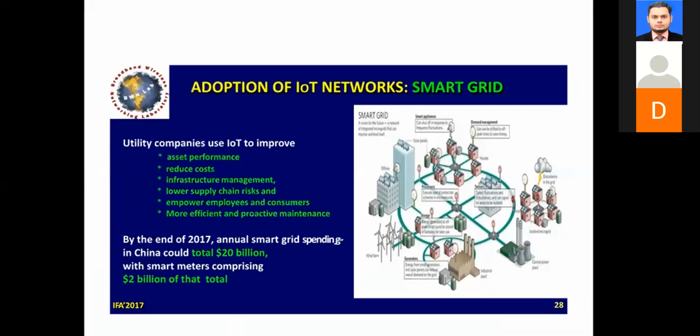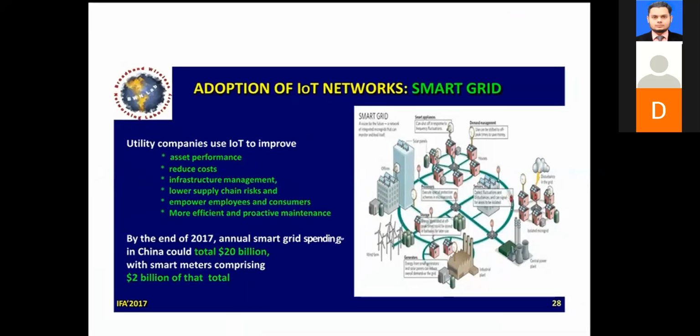This was the old data of 2017 in which China's smart grid expenditure was about 20 billion. Imagine after 3 to 4 years, the amount of expenditure China made only for the smart grid is in billions of dollars, and the smart metering system is one of the major chunks.